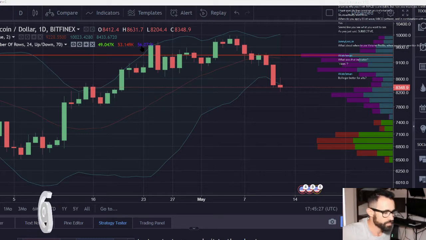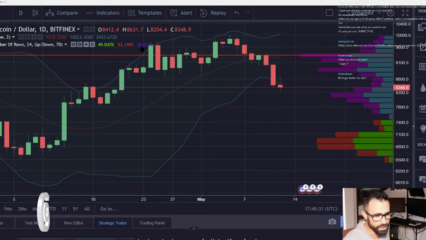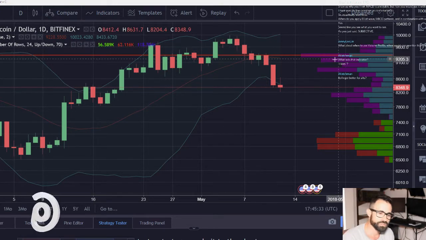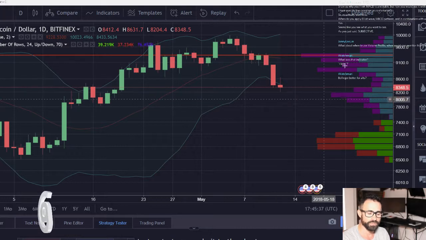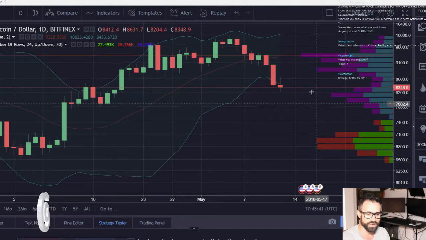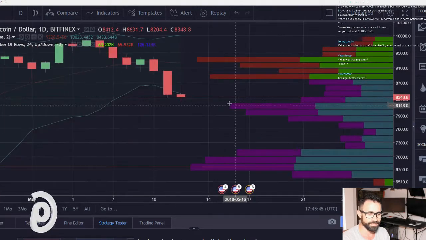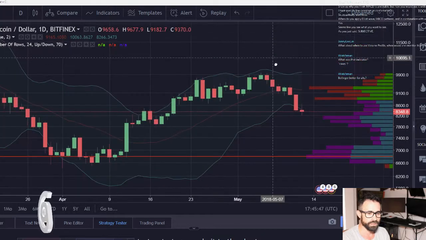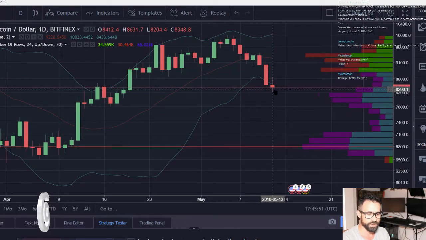With the volume profile and visible range, what we get is these horizontal volume bars that represent where most of the volume is stacked in these channels. Based on the Bollinger Band that we're looking at now on a 1-day chart, we're seeing quite a bit of volume down here.